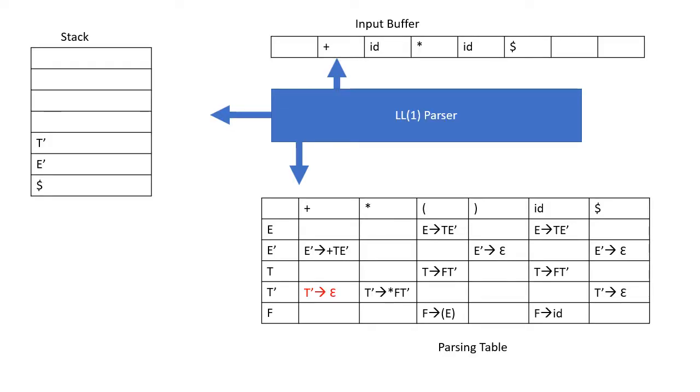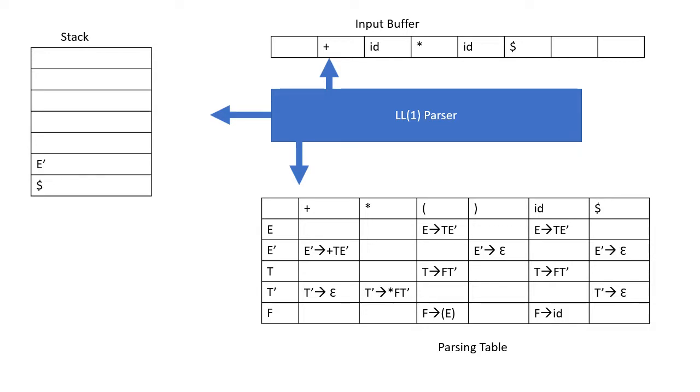Now we are reading the next input symbol, which is plus. We'll continue in this manner. T dash and plus. T dash and plus, we get T dash epsilon. So T dash can be removed. Now it is E dash and plus. E dash on plus, E dash can now be replaced by plus T E dash.